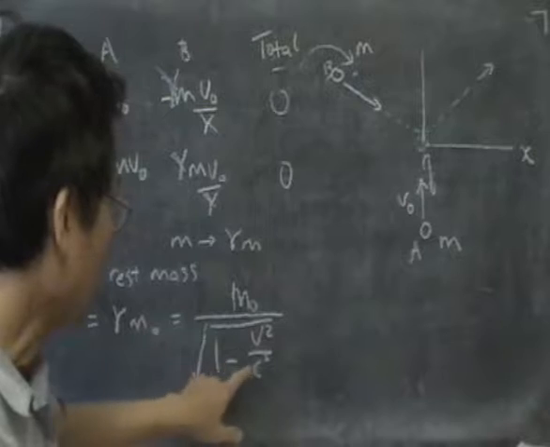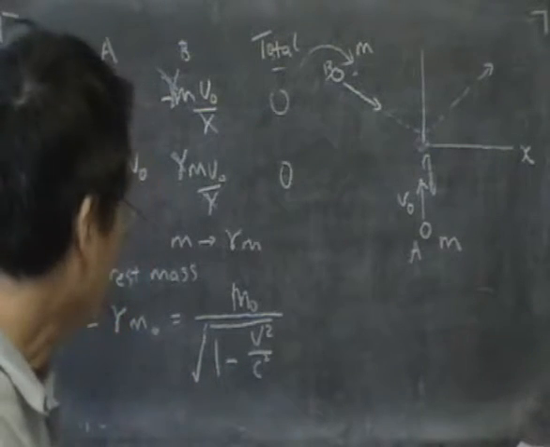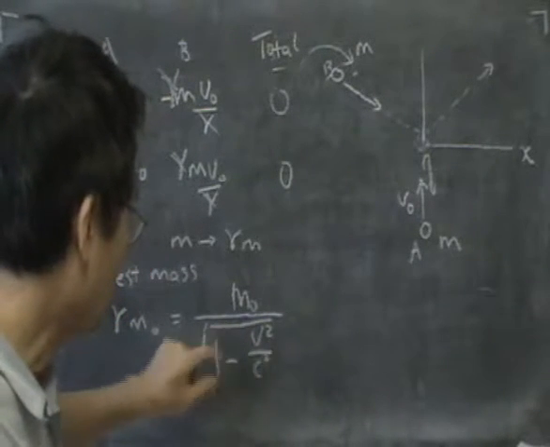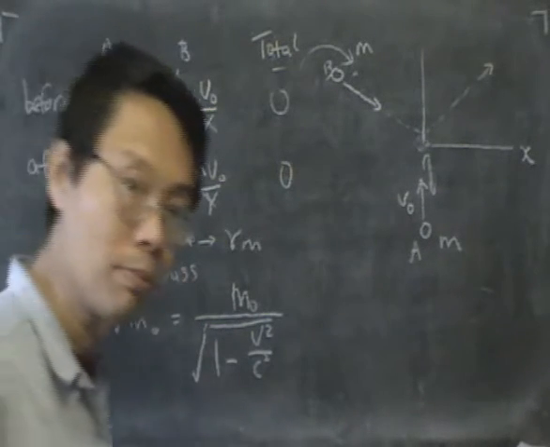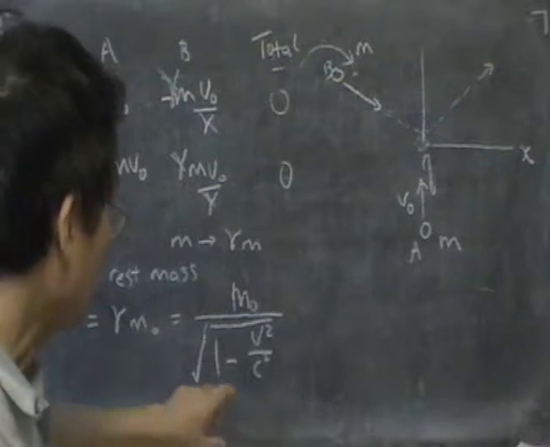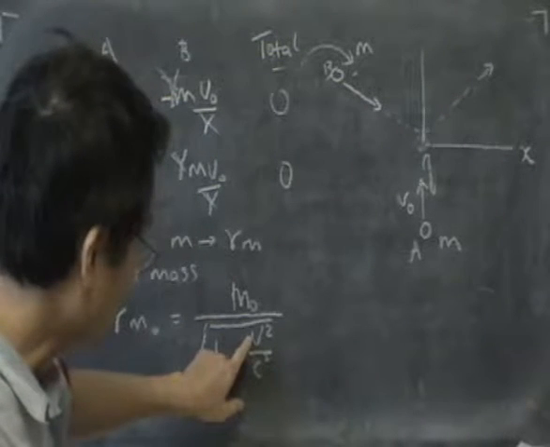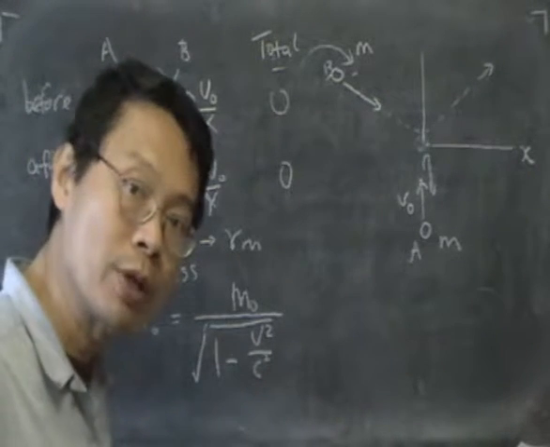Okay, so 1 minus a positive number must be smaller than 1. So that's why we end up with a smaller number in the denominator, and when we divide, we have a bigger answer.